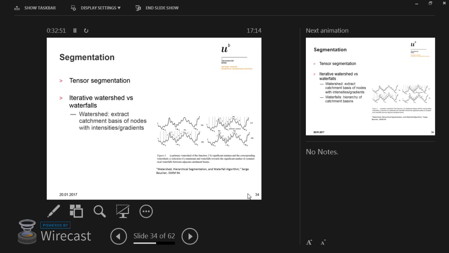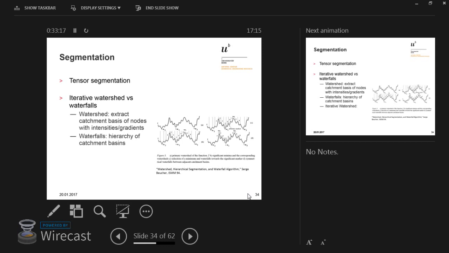So, as you may know, the watershed is a fairly simple system where you group together points that have small differences between them. And that gives you small clusters. Then you have the waterfalls transform, which does this, but also gives you a hierarchy based on the difference of which small clusters to merge together.